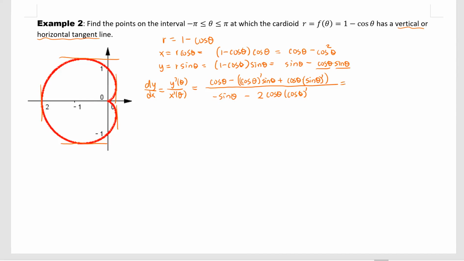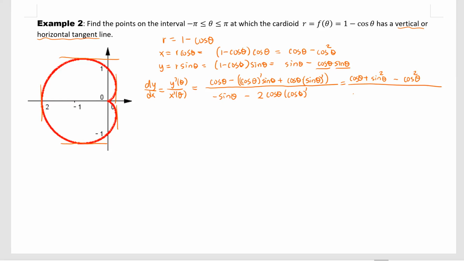All right, let's continue. So we have cosine theta minus the derivative of cosine, which is minus sine. So let's also get rid of the parentheses. Minus becomes plus, so plus sine theta times sine theta is sine squared. And then distribute the negative. Derivative of sine is cosine, so cosine times cosine is cosine squared.